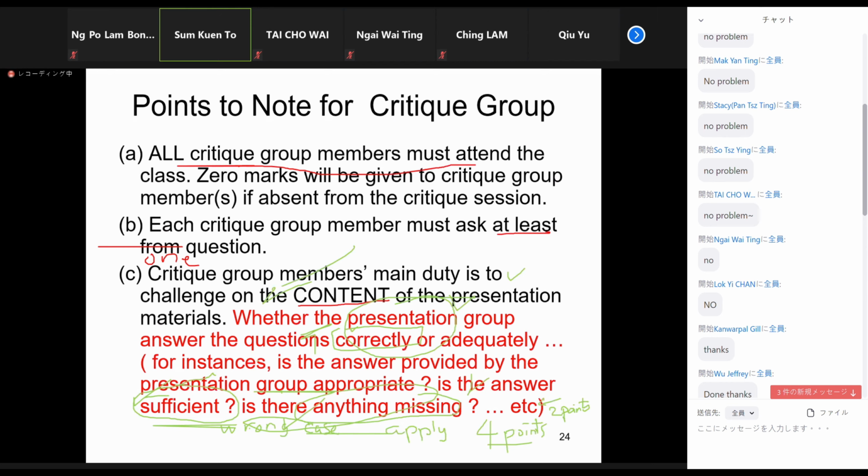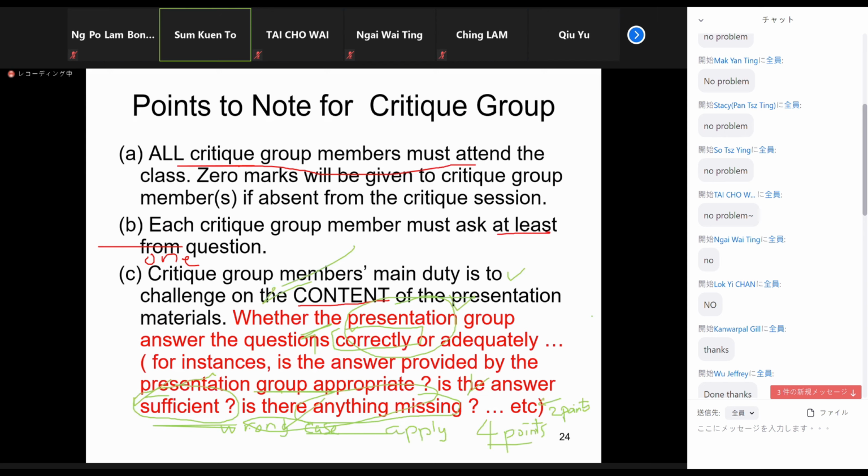All right, so you try to look at the content. Do they answer the question correctly? And also, do they answer the questions sufficiently? Is there anything missing? All right, and for people presenting in week 3, and also the critique group, I will be a little bit generous because you are the first ones, even though I've talked about all these requirements, but somehow you might not be able to catch them.